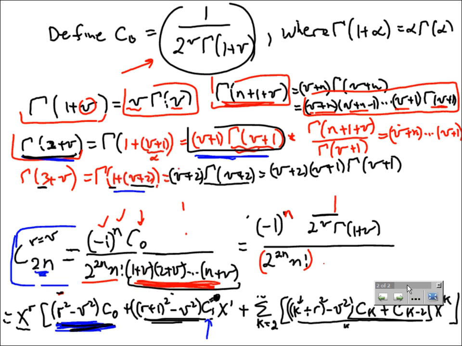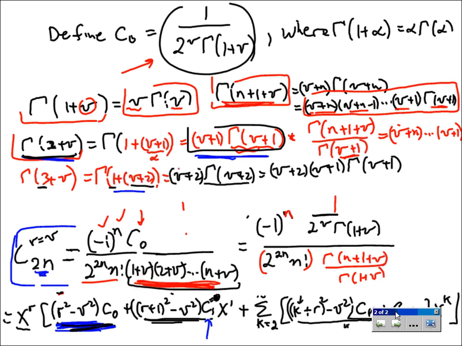But that piece is nothing more than gamma of n plus 1 plus v divided by gamma of v plus 1, or gamma of 1 plus v. And that's going to cancel. And we're going to have the negative 1 to the n times that one. This is going to end up in the bottom.